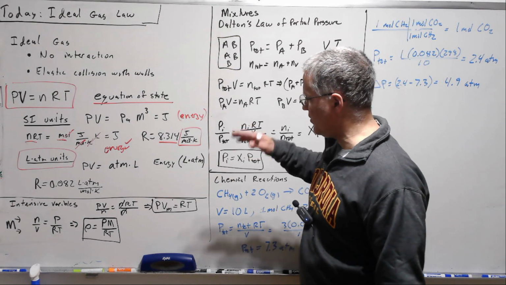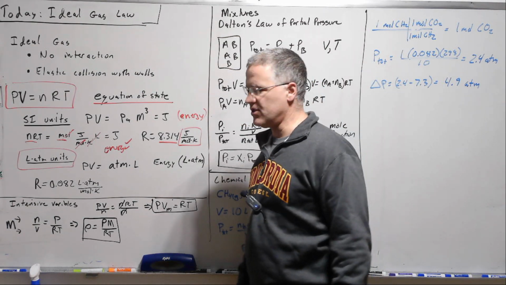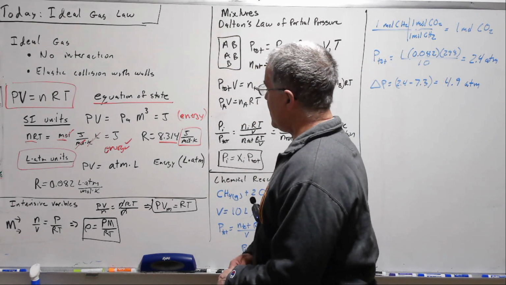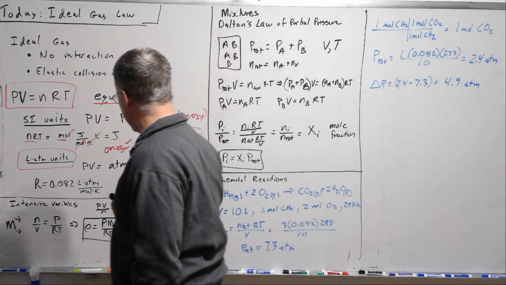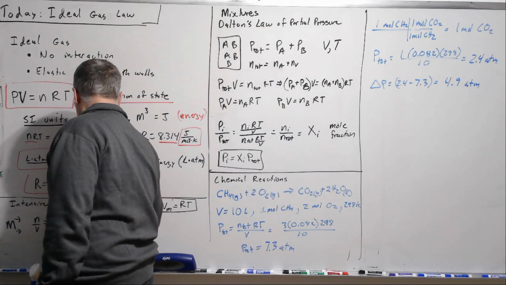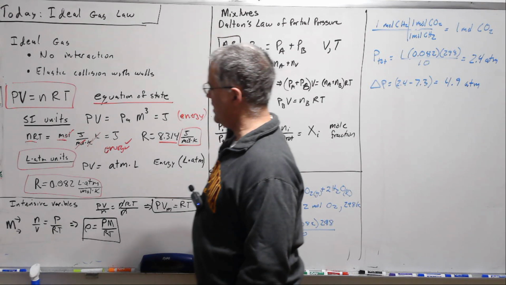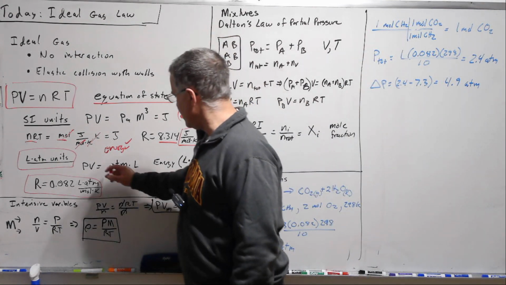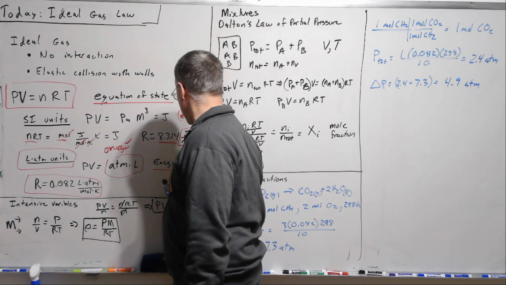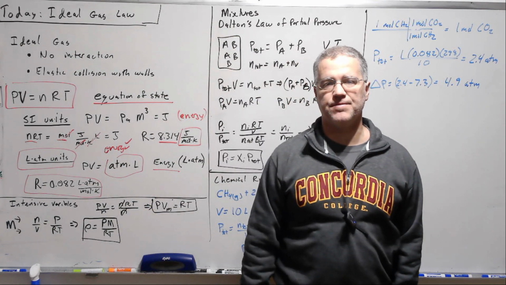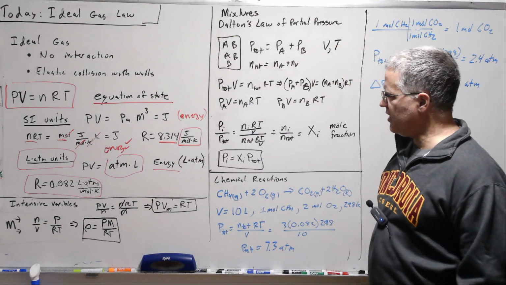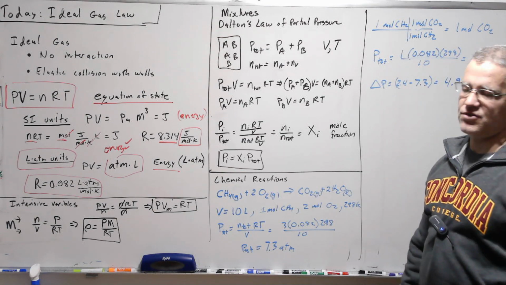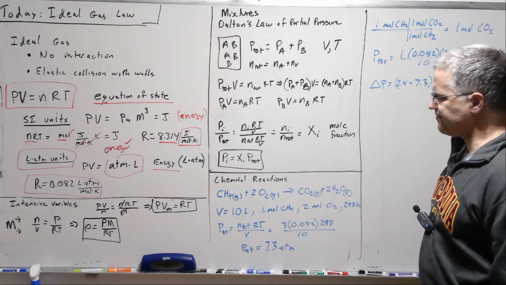And of course, that fluctuates as we have high and low pressure systems come through. But an atmosphere is a good number, and since we're working in different units, our R must take on different units. Now it's liter atmospheres per mole Kelvin, but this is still nonetheless an energy. So liter atmosphere is a unit of energy, and the unit of energy that's typically used for gases is the so-called liter atmosphere.